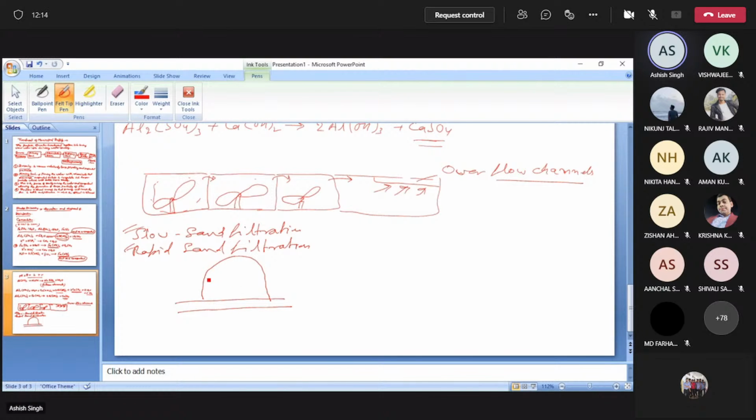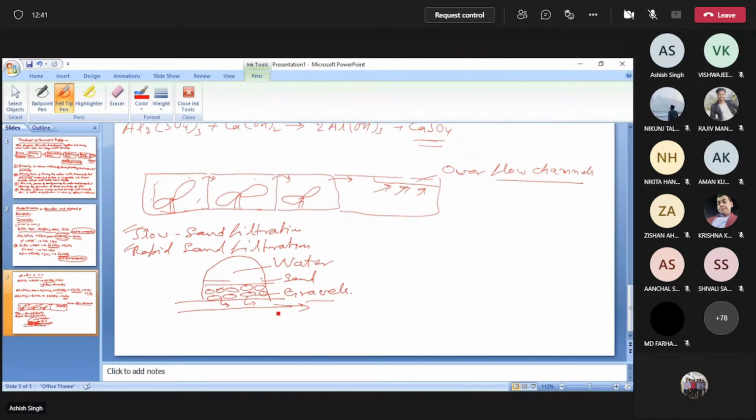In the upper part, there is the water that is kept, and in the lower part there is some sand and gravels. The water comes and is collected from here.